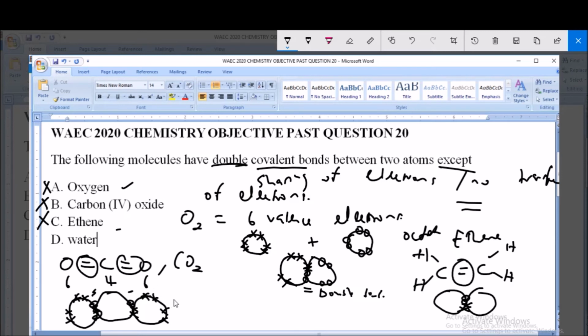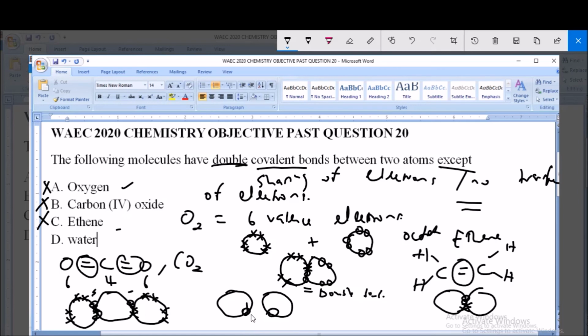However, for a water molecule, what you just have is hydrogen atoms, 2 hydrogen atoms, each with 1 valence electron. And what they do is they share each of these valence electrons with 1 oxygen molecule.